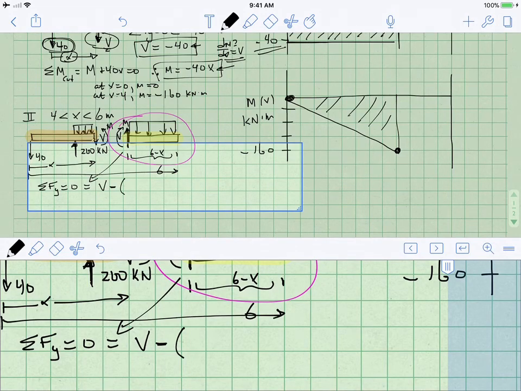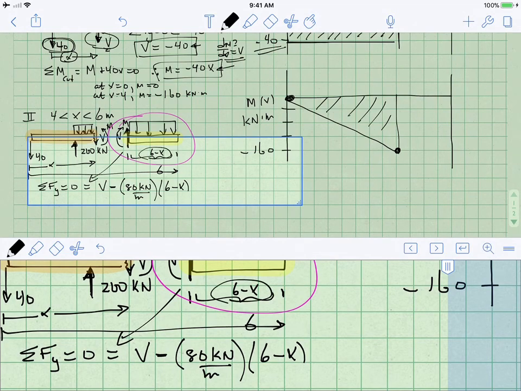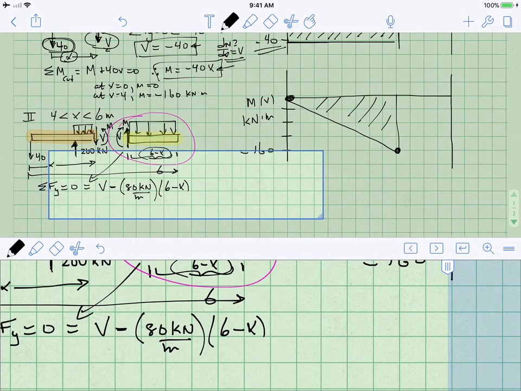The height of that distributed load was 80 kilonewtons per meter. The distance that I multiply it by is 6 minus x, which I already explained. Therefore, shear is equal to 80 times 6 minus x.